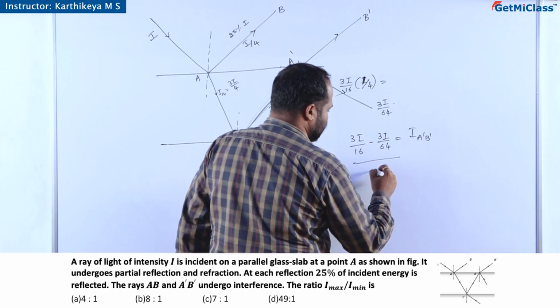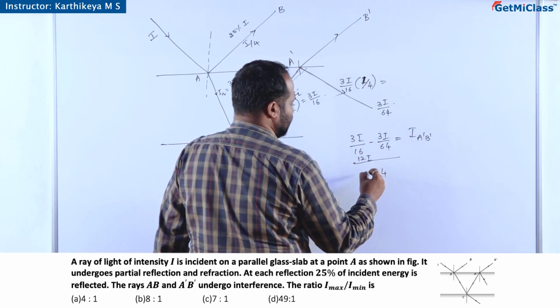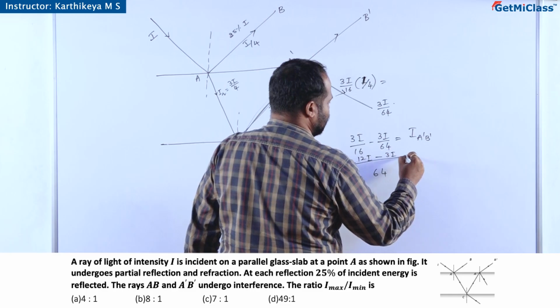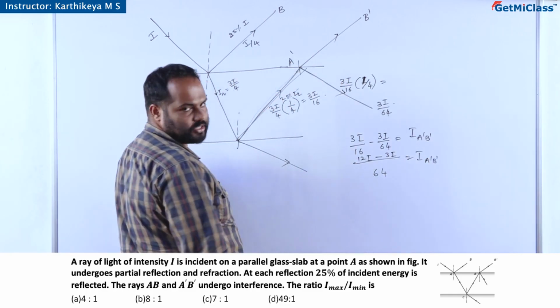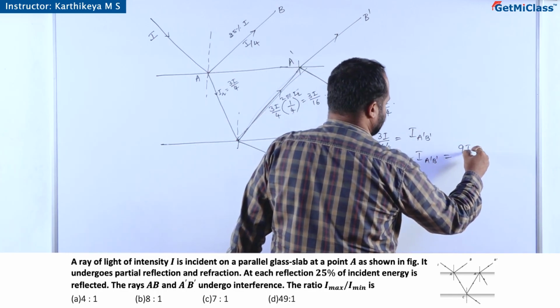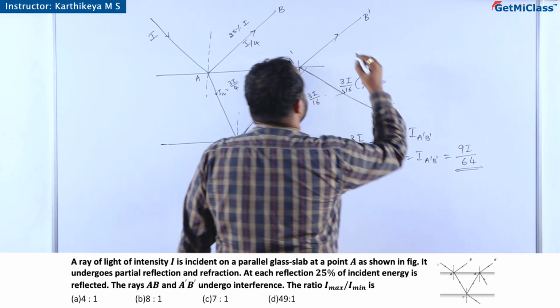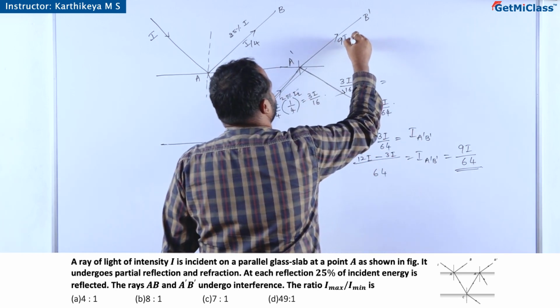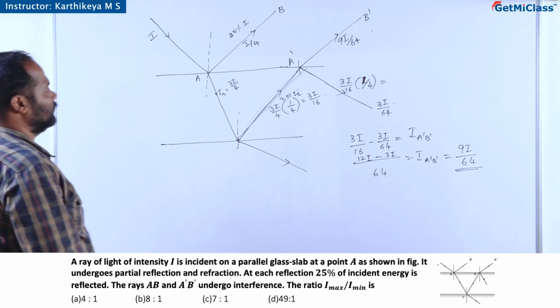If you take the common denominator 64, this is 12I minus 3I, the intensity of the ray A'B'. So, that should be equal to 9I by 64. So, this is the intensity here, 9I by 64.